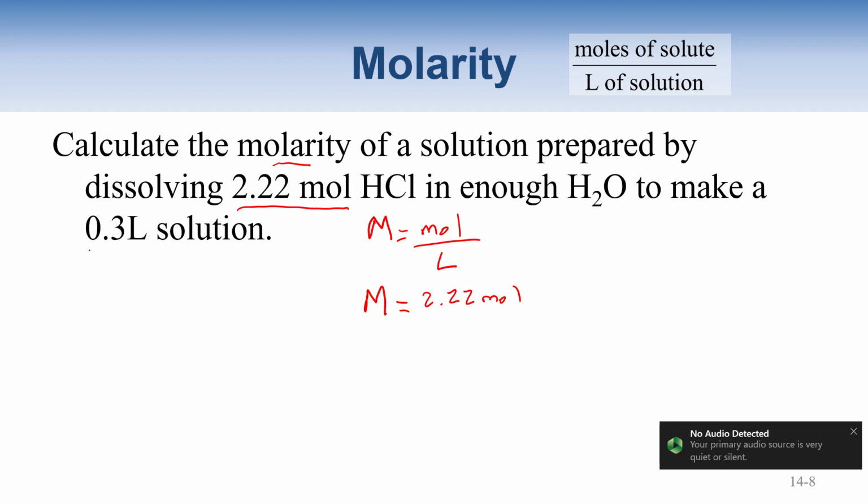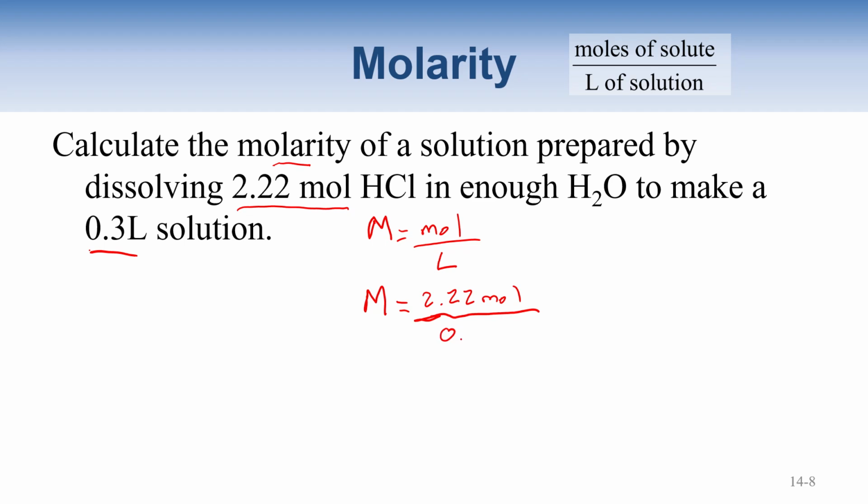And they're saying it's a 0.3 liter solution. So when we do the math here, we have 2.22 divided by 0.3, and we get 7.4 as our molarity. The unit for molarity is just a capital M.